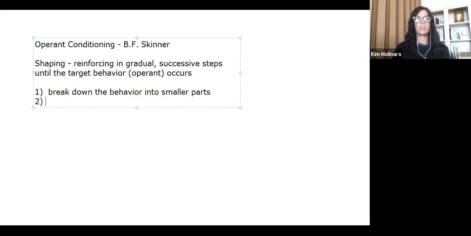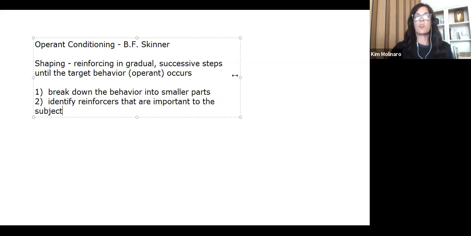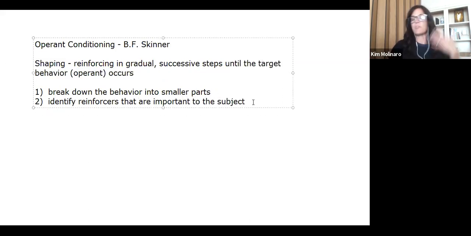Then the next thing you do is you have to identify reinforcers that are important to the subject. So if you're reinforcing with food and the subject's not hungry, it's not going to be helpful. Or if you're reinforcing with a toy they don't like, it's not going to be helpful.